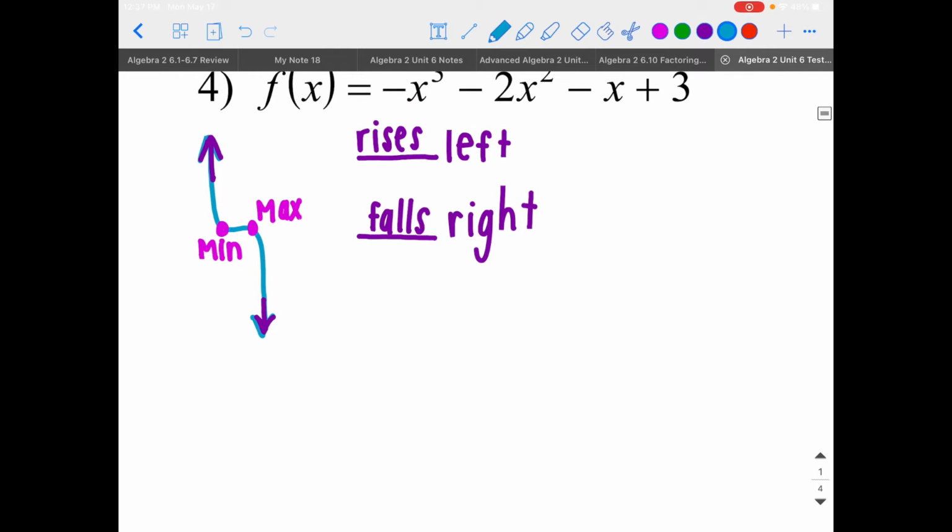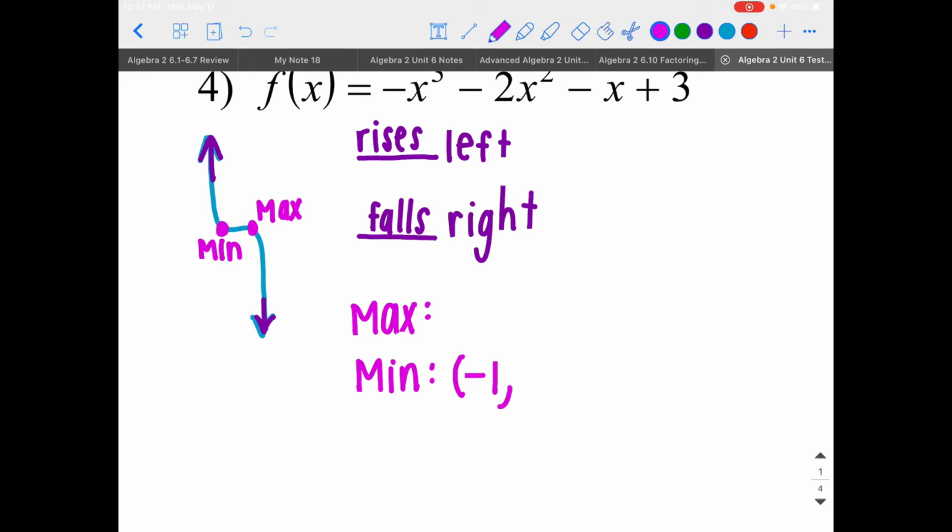Then we're going to actually find the maximum and the minimum. And you do that by going to second trace. Minimum is number 3. So we're going to find that minimum. And it's basically negative 1.